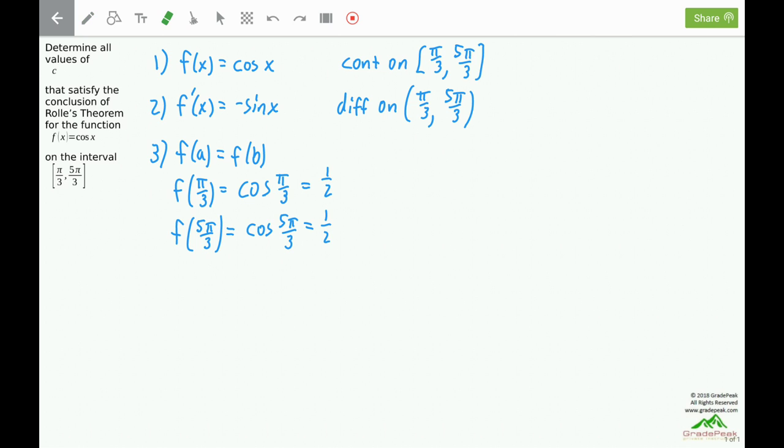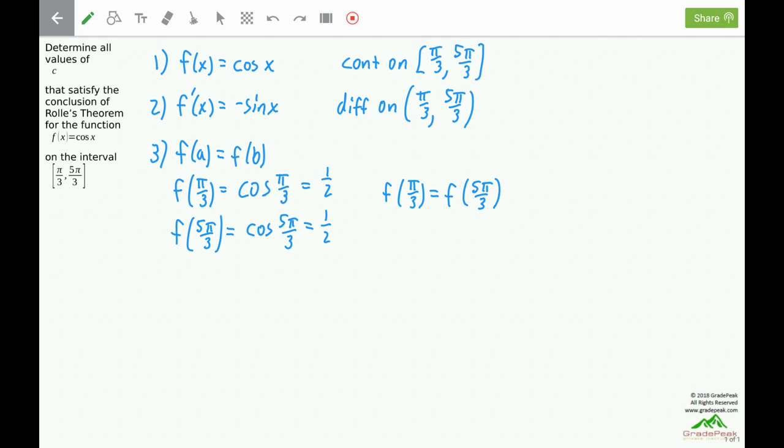So we do have that f of the left endpoint, pi over 3, does match f of the right endpoint, 5 pi over 3. So condition 3 is also met.